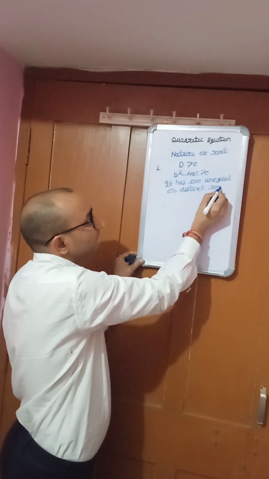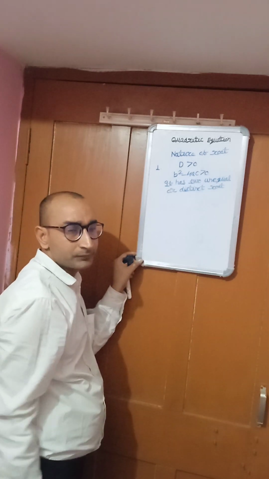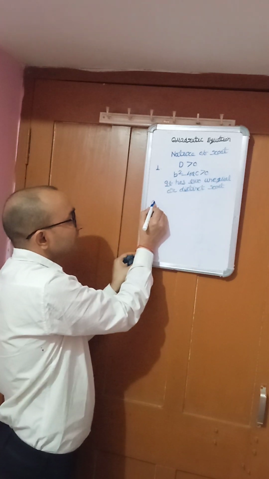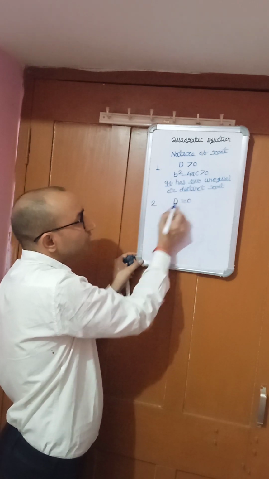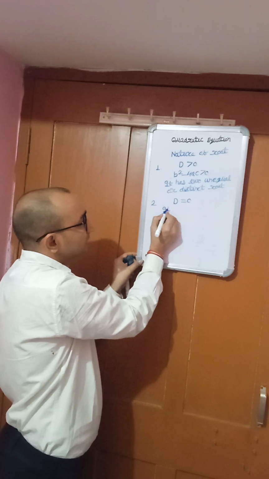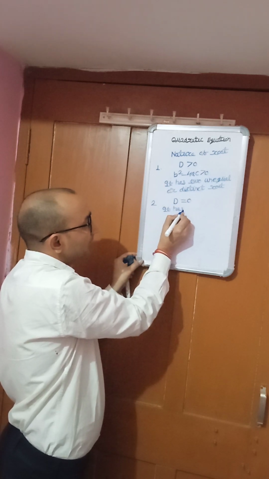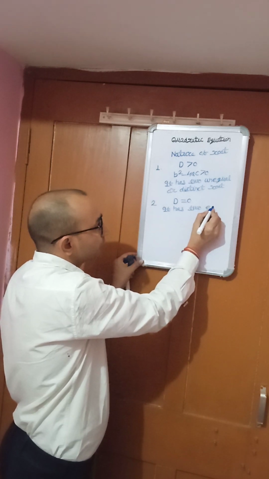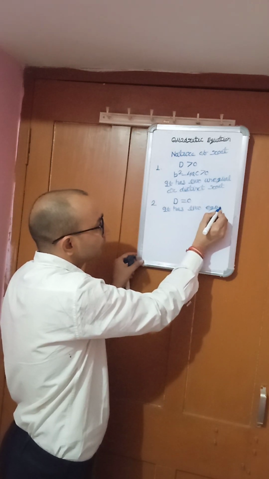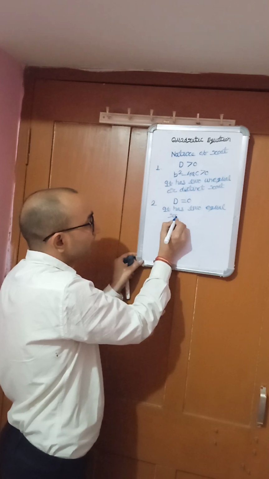First condition. Second condition is that if D equals 0, then it has two equal roots.